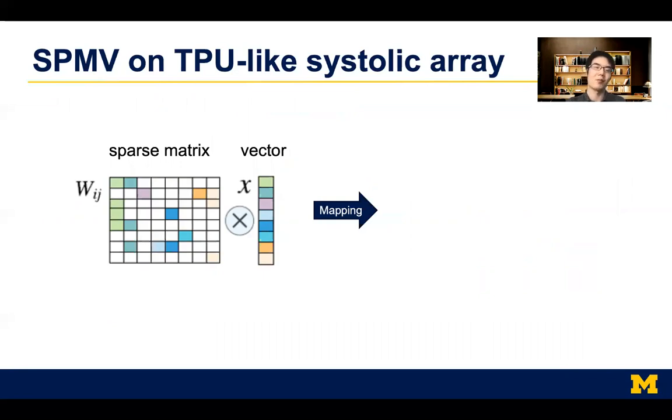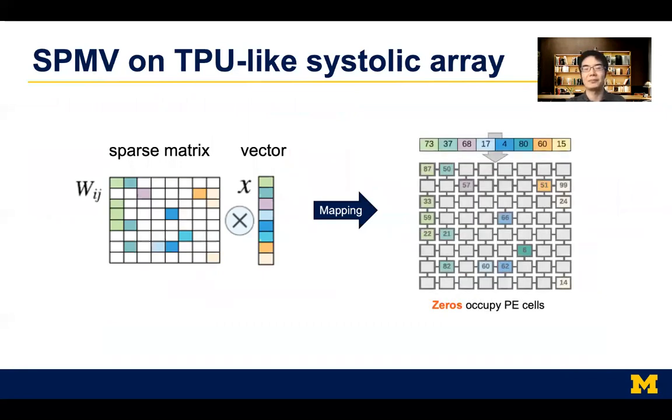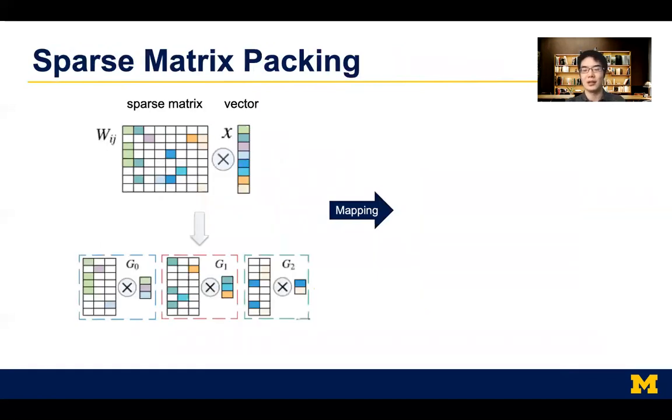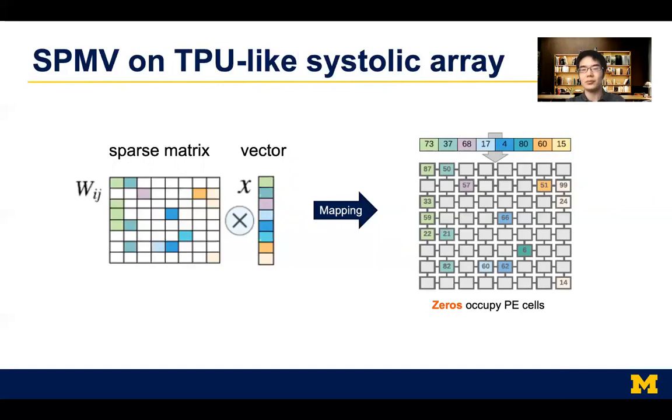If we perform the same 1-to-1 mapping, the colored non-zeros will be mapped onto the systolic array. However, the zeros will also occupy the PE cells, but these zeros will not contribute to the output of the sparse matrix vector multiplication, leading to significantly underutilized resources and also unnecessary idle cycles.